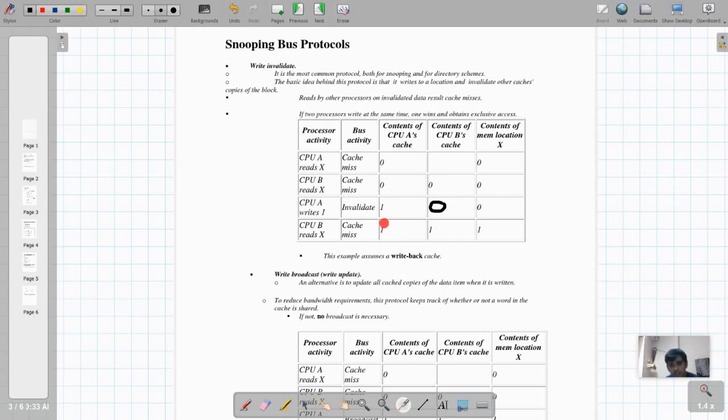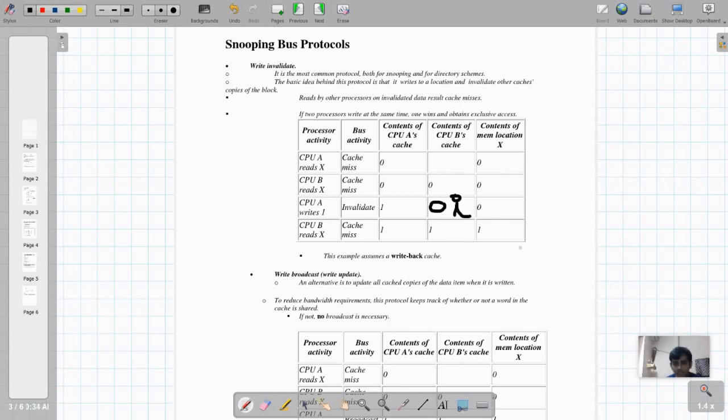So for the same data item, there is a copy in cache of CPU B and there is a copy in the centralized shared memory location X. And once they grab this write invalidate message, they will invalidate their content.